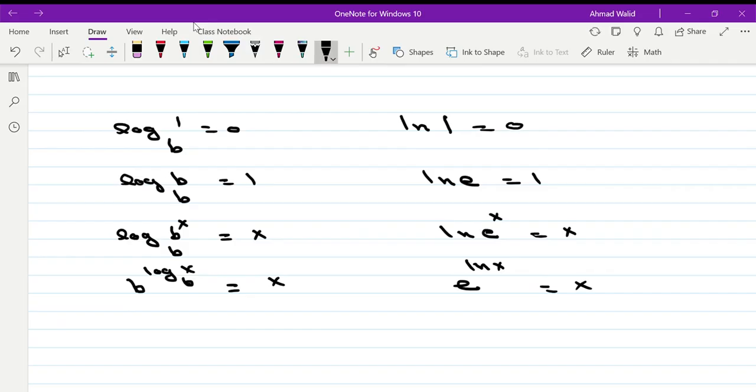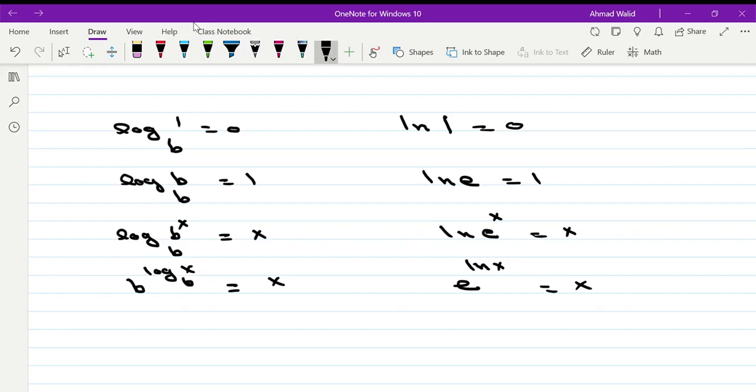X. Rules are the same if you are dealing with natural log or when you are dealing with common log, the rules are the same. Correct? Your section 4.2 stops here, correct?